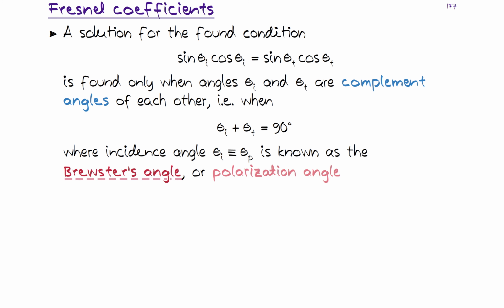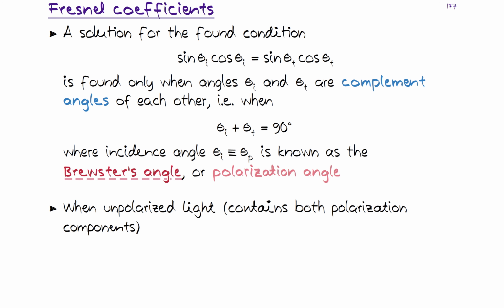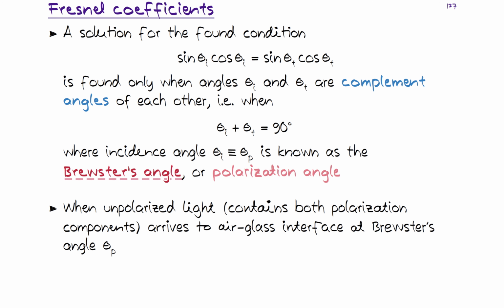We got started from the case that we wanted to seek at which incidence angle the reflection coefficient goes to zero for a specific polarization component. So what this says to us is that when we have incident unpolarized light, so incident light that contains both polarization components, normal light just from a flash lamp or an LED, arriving at an air glass interface at the Brewster's angle theta p, this specific polarization component does not reflect at all.